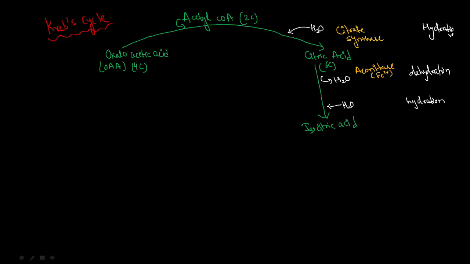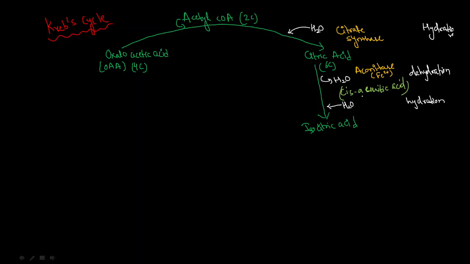Okay, so when citric acid is undergoing this dehydration process, there is an intermediate compound that is formed, and it is known as, let me write it here only, cis-aconitic acid.